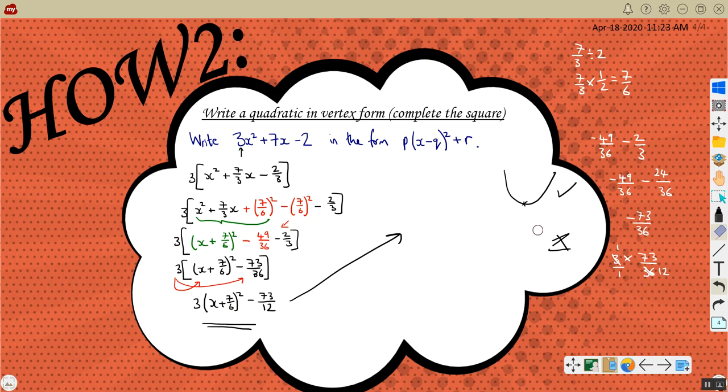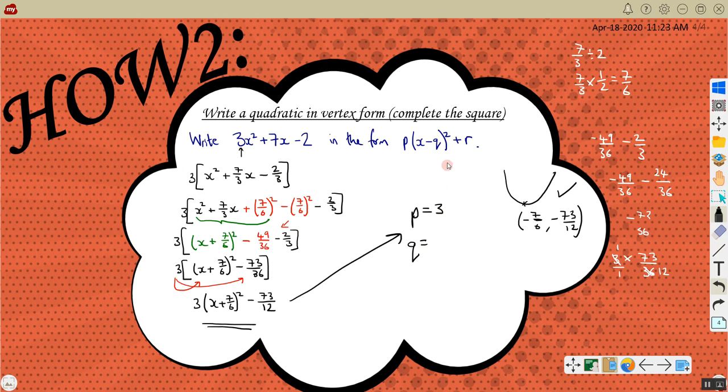Our vertex: you take this point and swap the sign on it, so negative 7 over 6. You take this and just keep it the same. That is the turning point, or the vertex, as we call it. Now, if I have to write down what values of p, q, and r are, the value of p is the number in front of the brackets, which is 3.